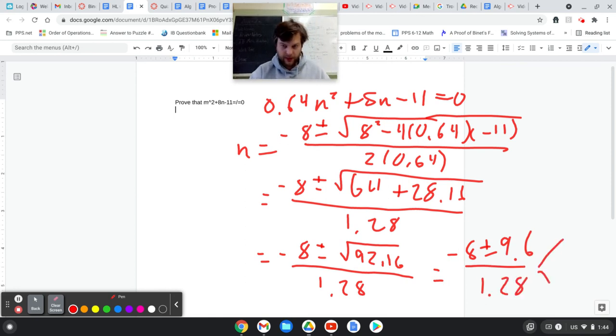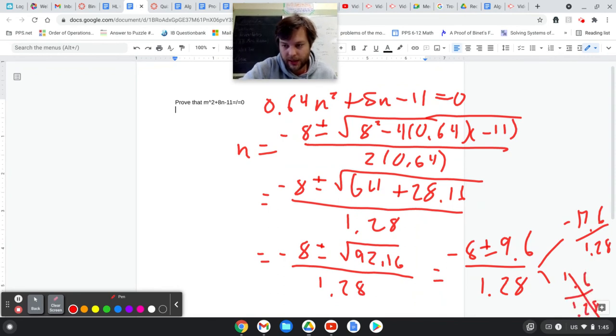Let's see, if we do minus, we'd get negative 17.6 over 1.28. And if we did plus, we'd get 1.6 over 1.28. Well, that one is not an integer. So the last thing to check is, does the 17.6 divide by 1.28? And that is also not an integer.